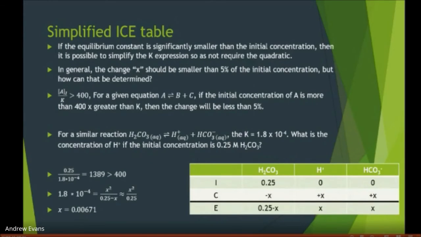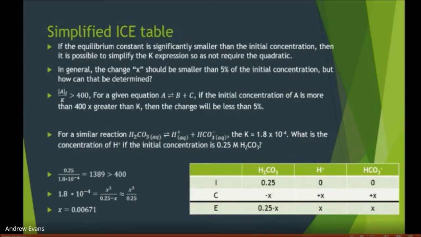Okay, here's the shortcut method. If the equilibrium constant is significantly smaller than the initial concentration, then it is possible to simplify this so you don't have to use the quadratic.